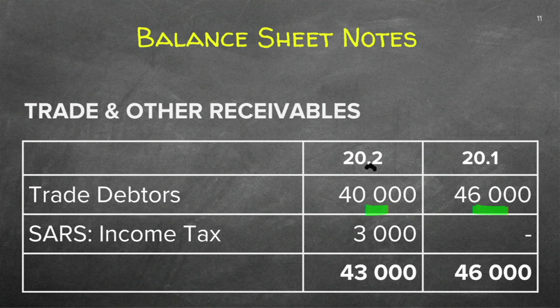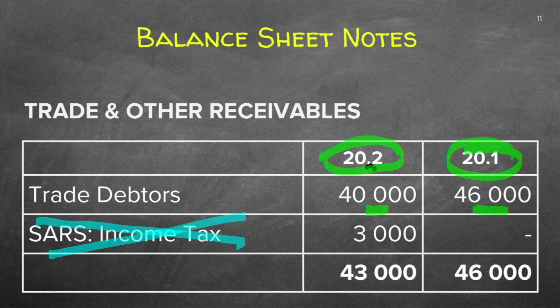So if the debtors have gone down, it means that in 21 they owed 46,000, but here they are only owing 40,000. So we've got good debtors who are paying. However, I also have SARS income tax. Do you remember I said we are not going to include SARS income tax in this calculation?